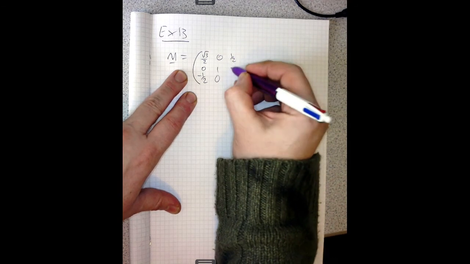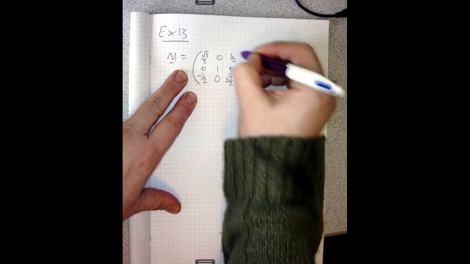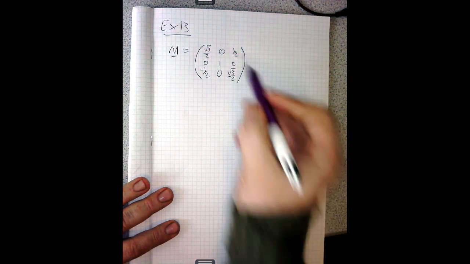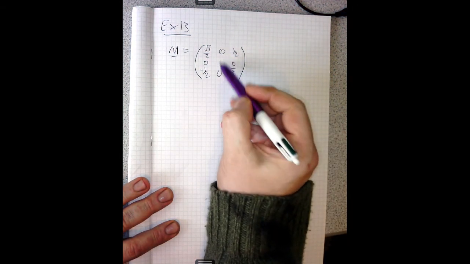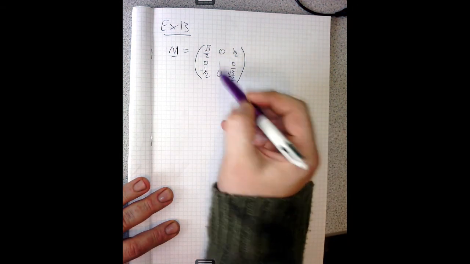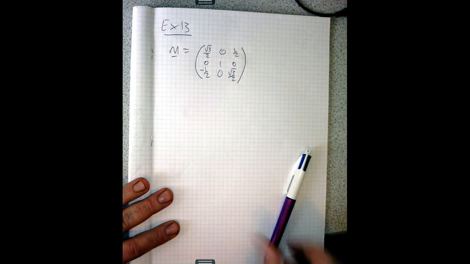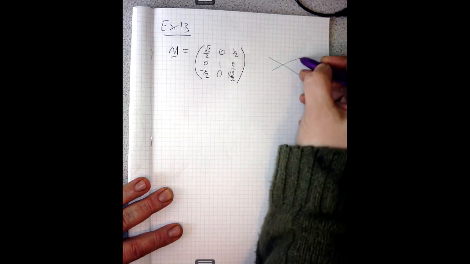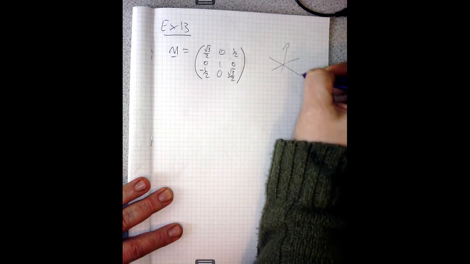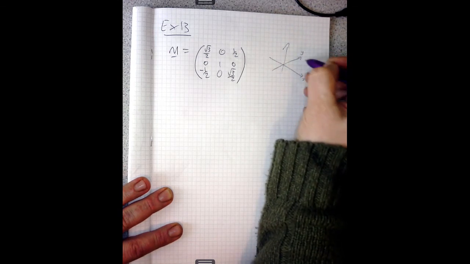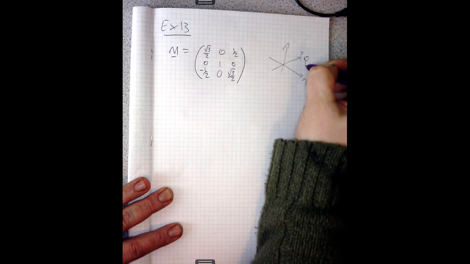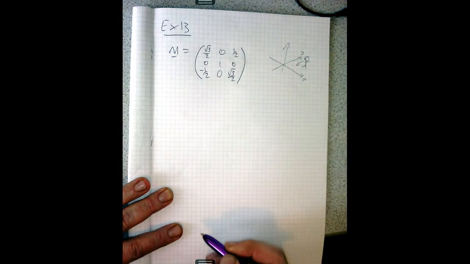Okay, so let's look at example 13. Root 3 over 2. So there's a couple of ways of doing this.